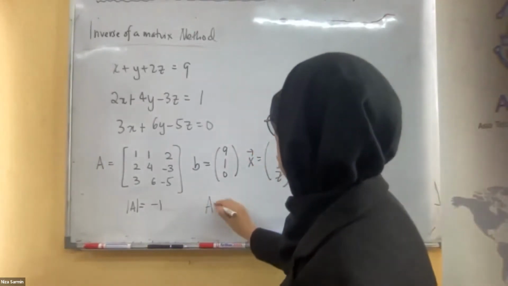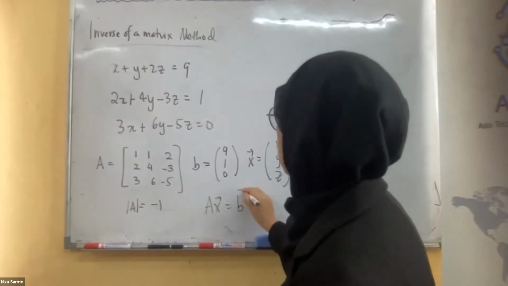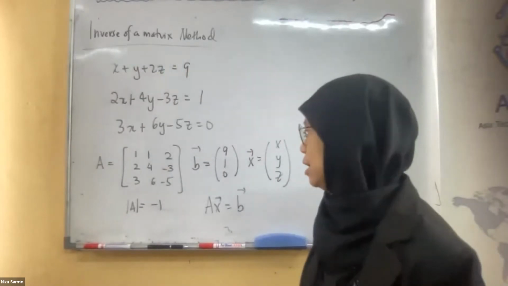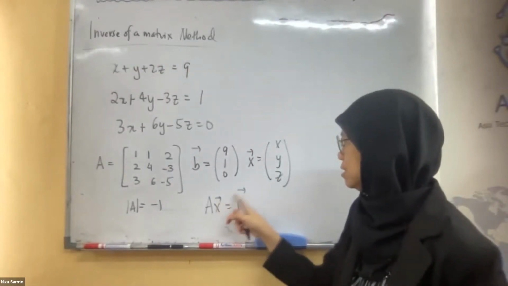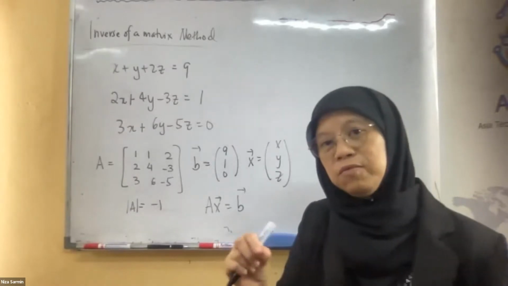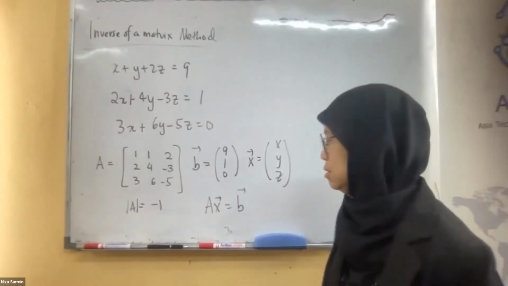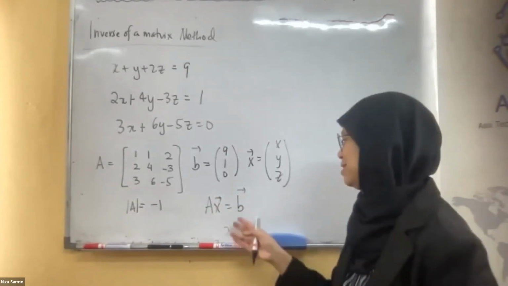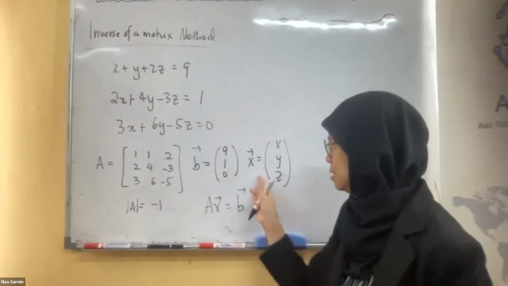Part 1: find A, B, and X. So the system of linear equations can be written as this. Sometimes I put a vector sign just for me to know that it's a vector, but if you type it, it's normally bold. If you don't put it, it's okay. So this is the answer.